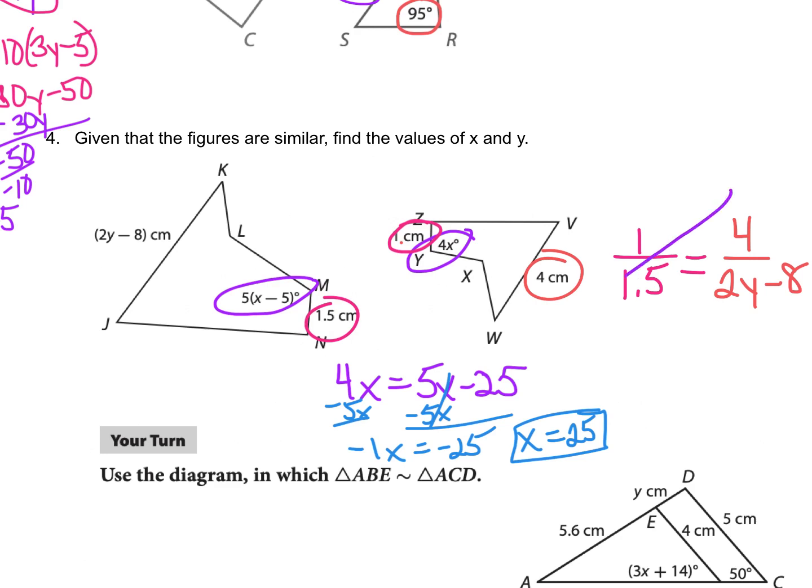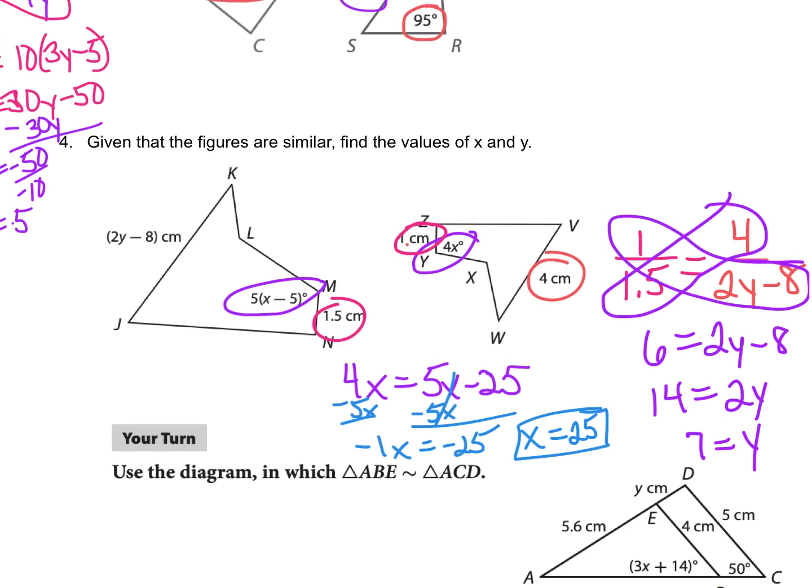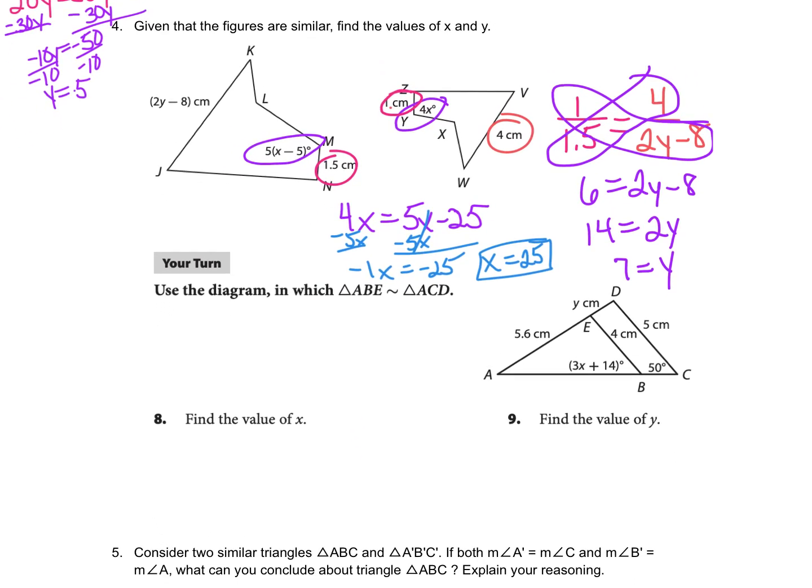So if I do my cross multiplication, that gives me 6 equals 2y minus 8. Add 8 to both sides. Divide by 2. And there you have that one.